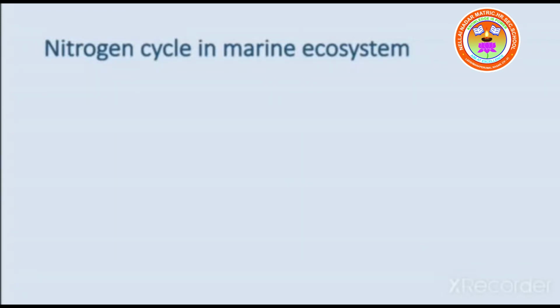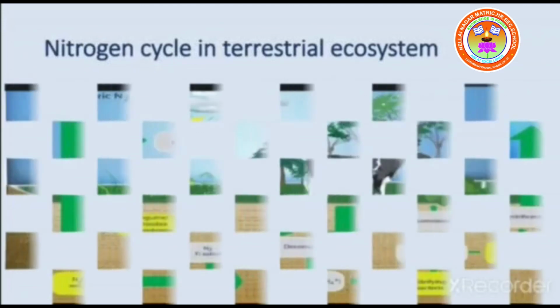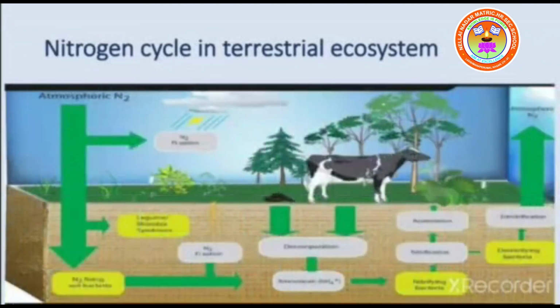Nitrogen cycle in marine and terrestrial ecosystems. The nitrogen-containing compounds that fall into the ocean as sediments get compressed over a long period and form sedimentary rock.